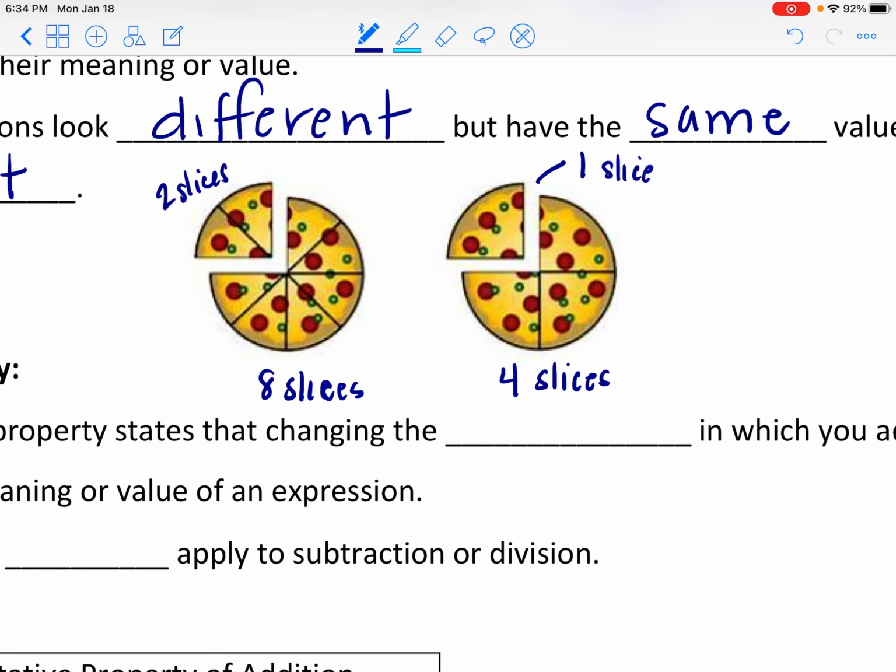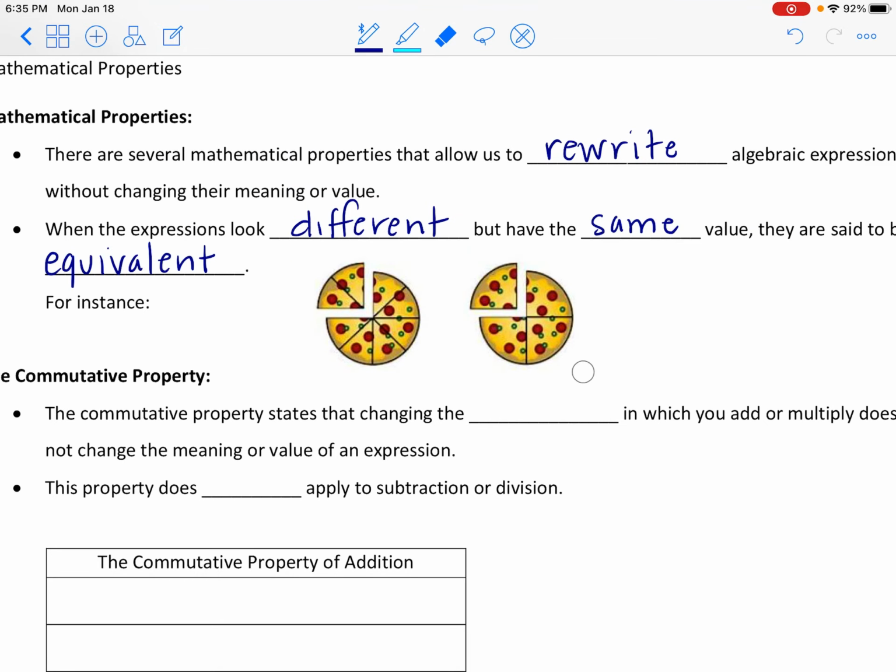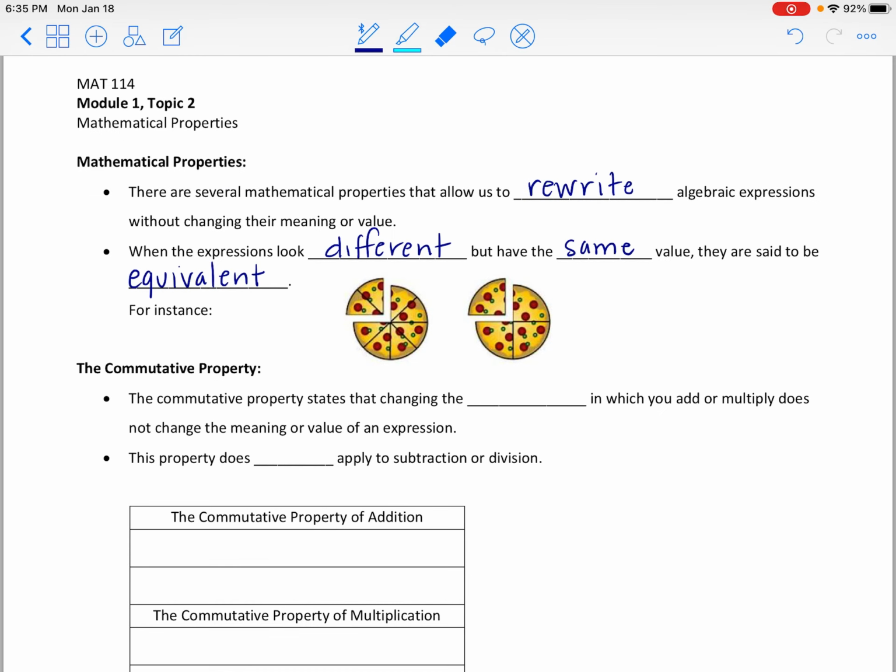But I'm trying to argue that, hey, we ate the same amount, which is actually, in fact, true, okay? So even though I ate 2 slices and you ate 1 because yours was cut into bigger slices, they are equivalent. So my 2 slices look different than your 1 slice because it's cut in half there, but we actually have the same amount of pizza, okay? So equivalent forms may look different, but they have the same value or the same meaning.